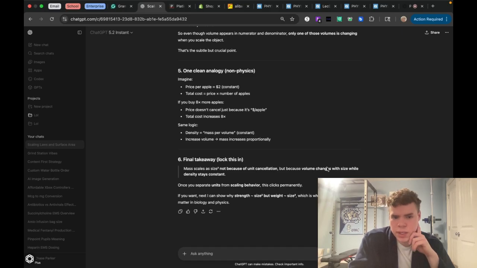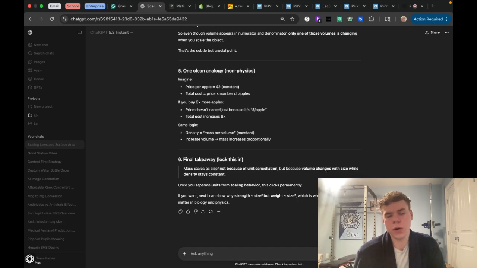Mass scales as size cubed, not because of unit cancellation, but because volume changes with size while density stays constant. Volume changes with size while density stays constant.